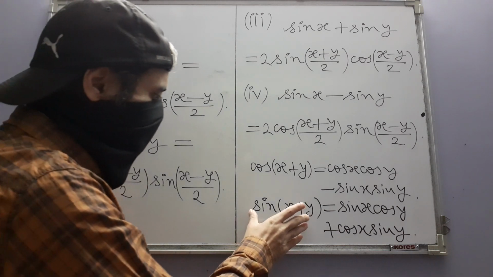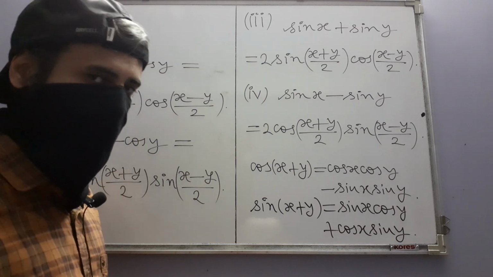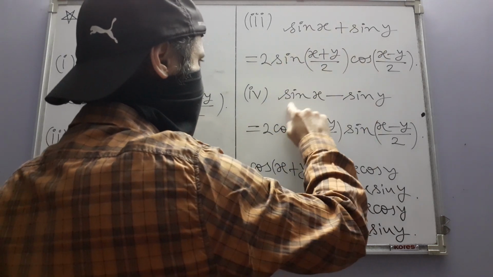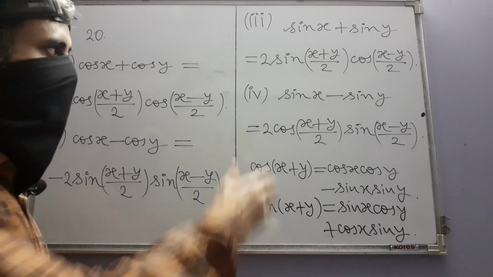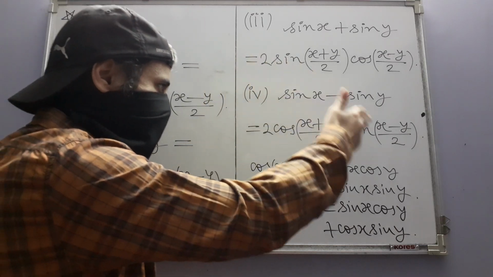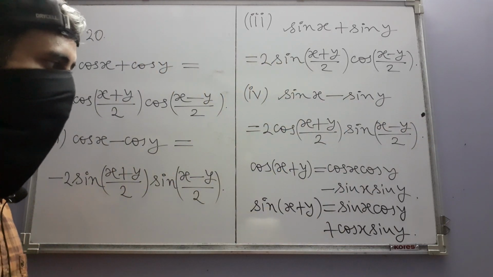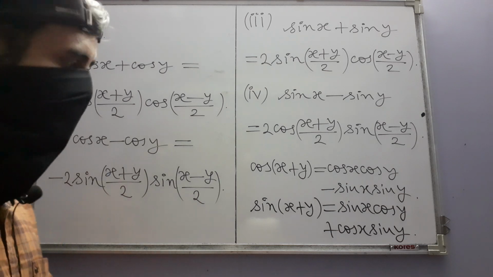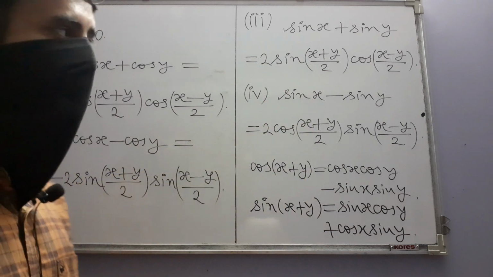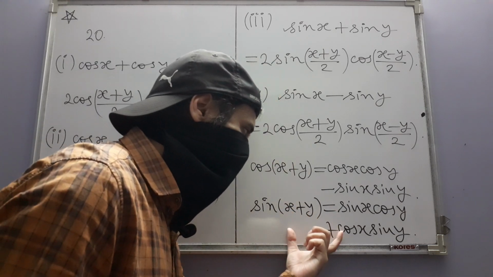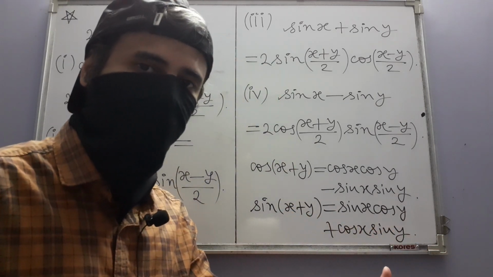So when both the terms are sine, then mixed terms occur. You have sine as well as cos. It's a matter of remembering which one occurs in which, because this is the usual way of writing.